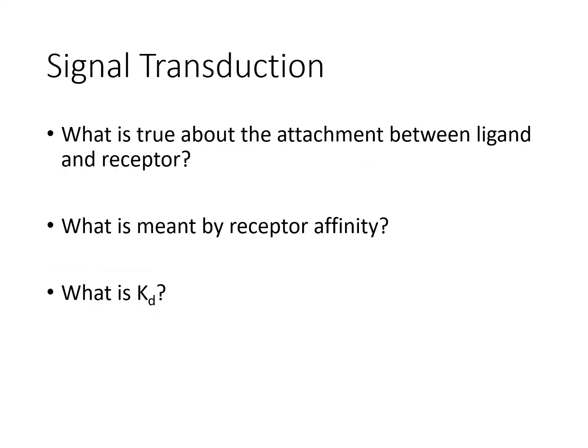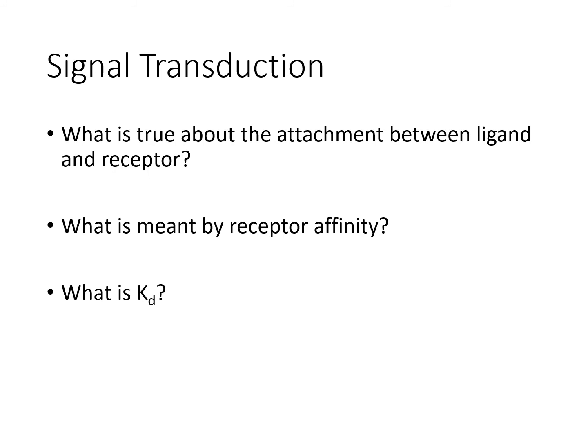Another question that we have to ask ourselves is about the attachment between ligand and receptor. What kind of attachment do they have? How about the affinity? What does this affinity mean and how can we measure it?